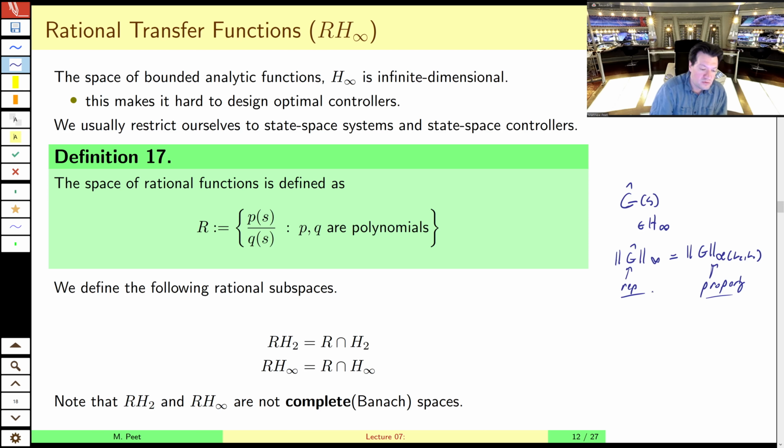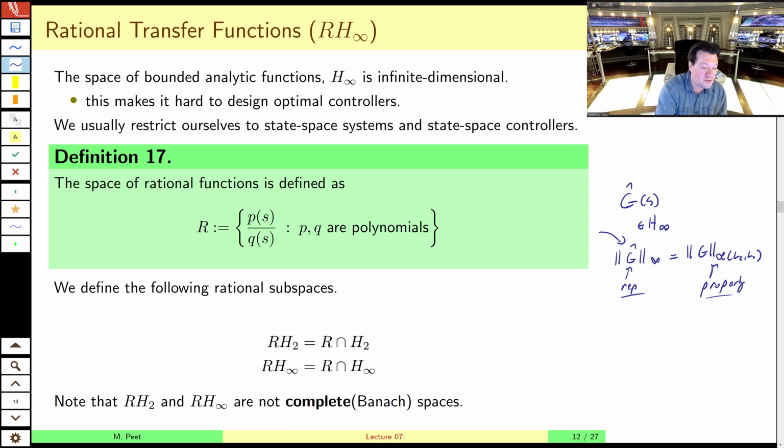So the problem we're faced with at this stage is that we don't really know how to parameterize or optimize, much less, this new space of system representations, this new class of system representations we refer to as transfer functions.